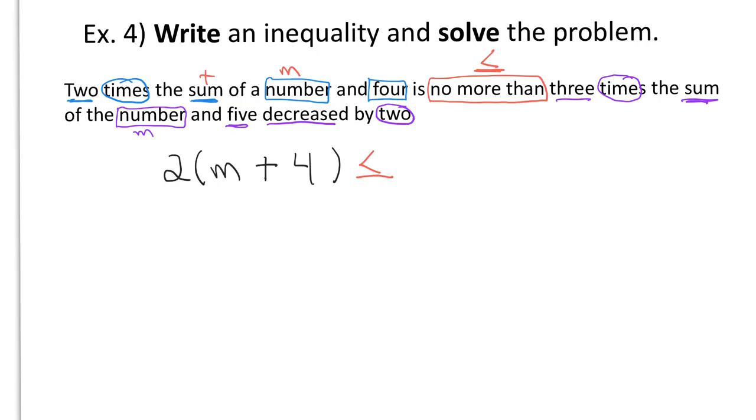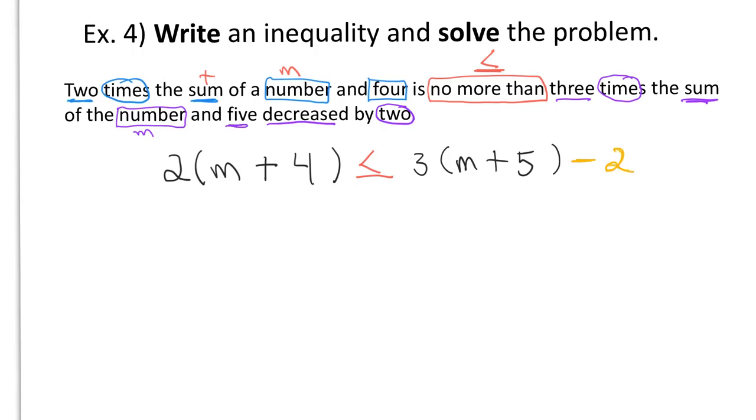So again, there's a 3 times, I'm going to use parentheses, the sum of the number, m, and I'm going to add the 5, the sum of a number and 5. But it also says decreased by 2. So I need to subtract 2 because that's going to be decreased by 2.